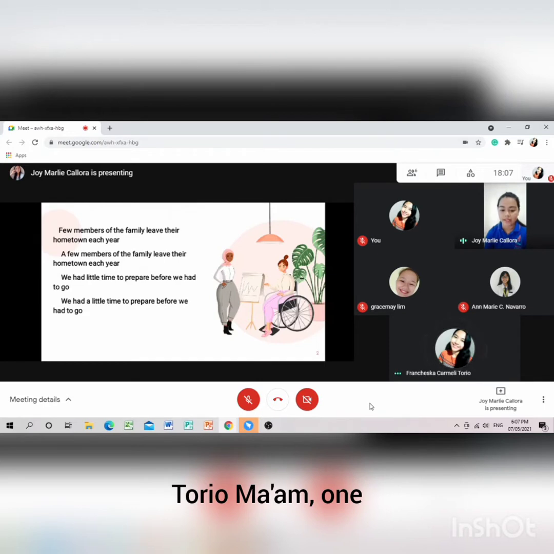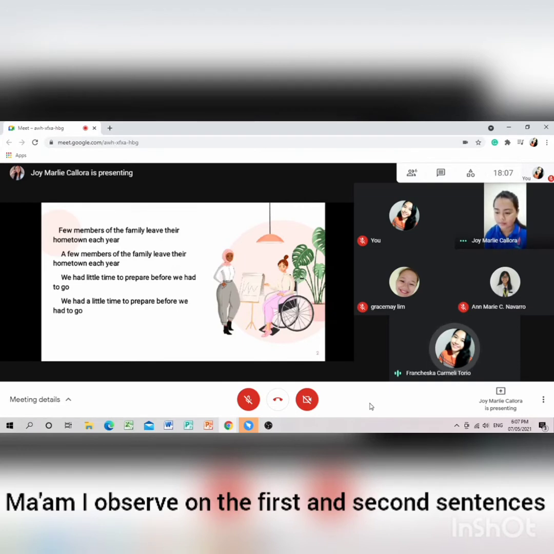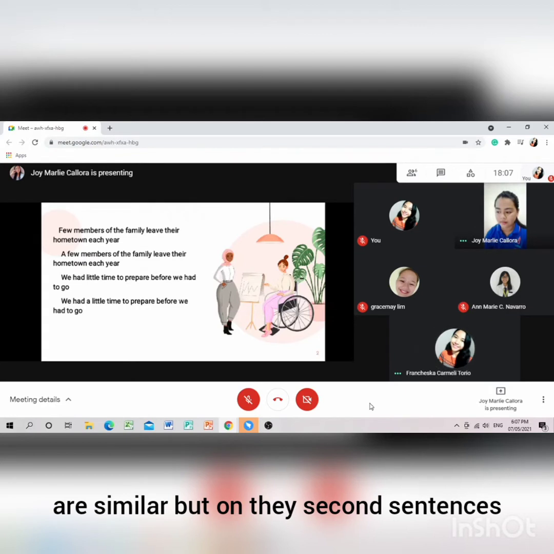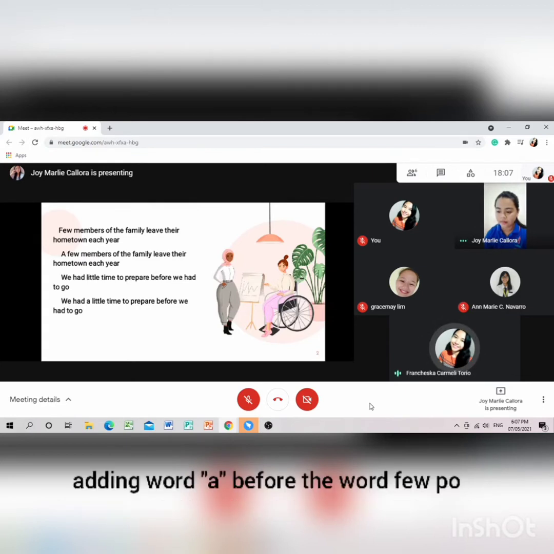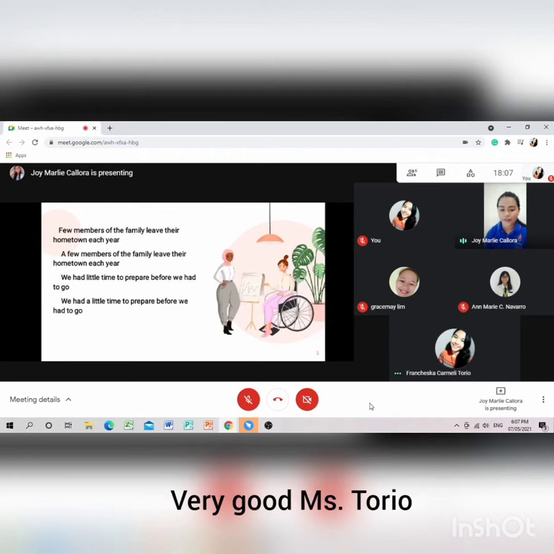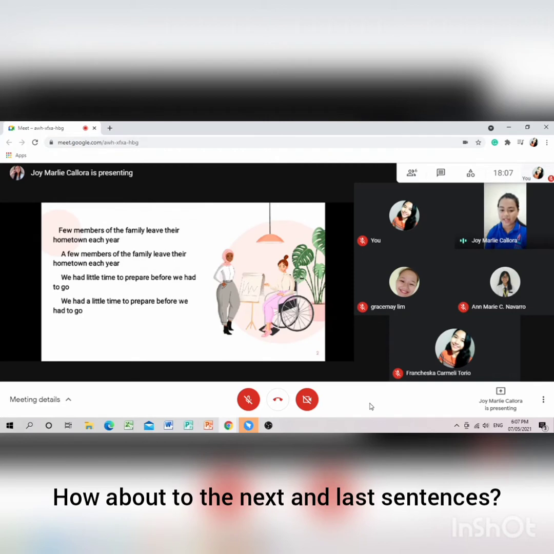Ma'am, I observe that the first and second sentences are similar, but in the second sentence there's an added word, a, before the word few. Very good, Miss Torio. How about the next and last sentences?